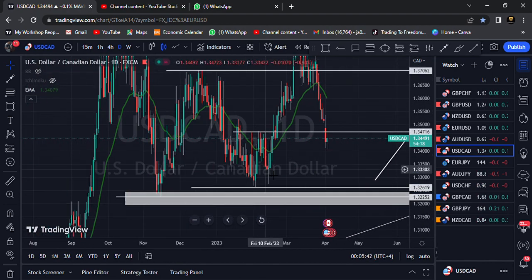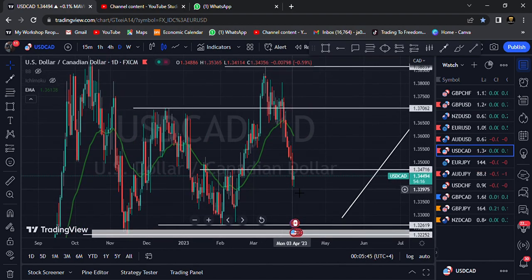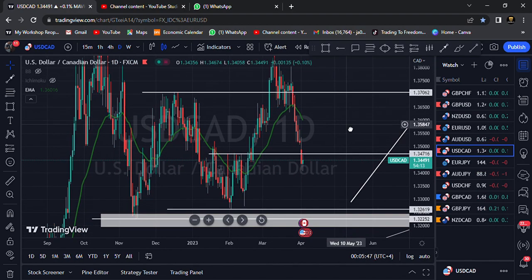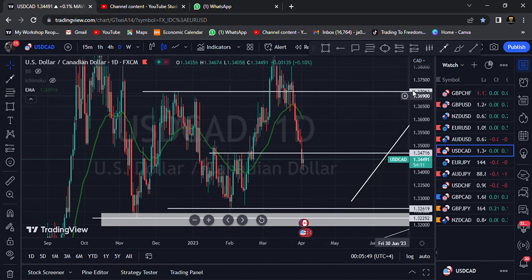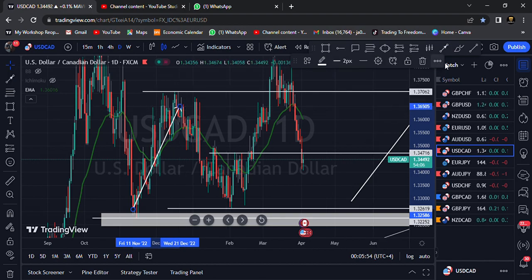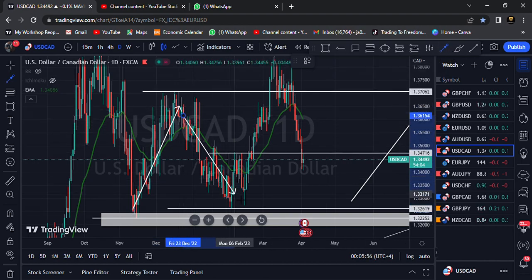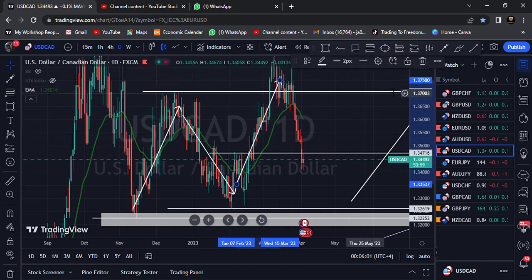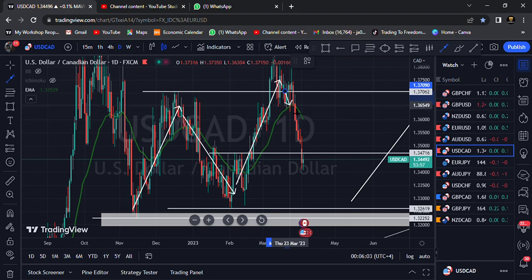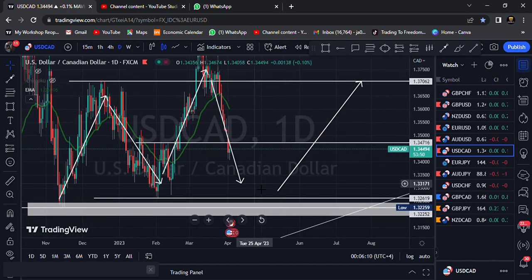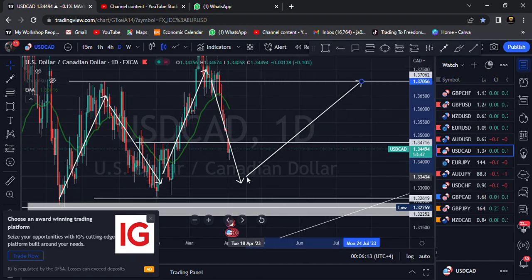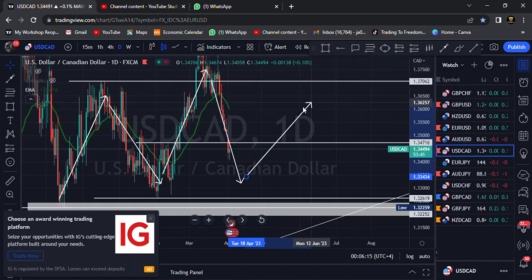So looking at the structure, it's kind of forming a mini structure inside another structure. Like you can see, it's forming a mini structure inside a bigger structure. So usually it might form like this, and then goes up.